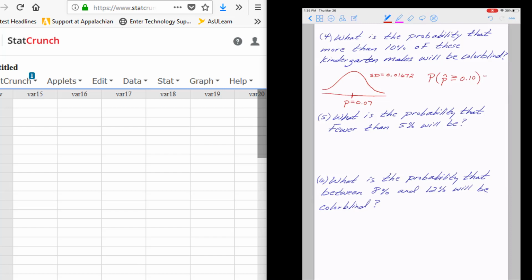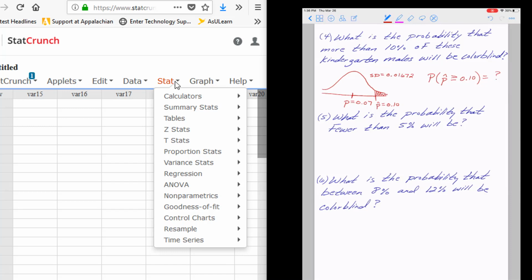What's the likelihood that I get that? Okay, so on the picture, this is not drawn to scale at all, but we're looking for P hat equal to 10% or greater. And again, it might be a whole lot more of the normal curve. I'm just giving you a depiction of what this thing looks like. Okay, so let's use StatCrunch to help us get this.